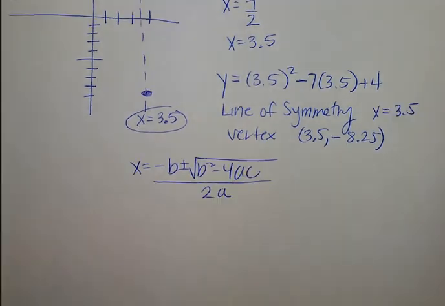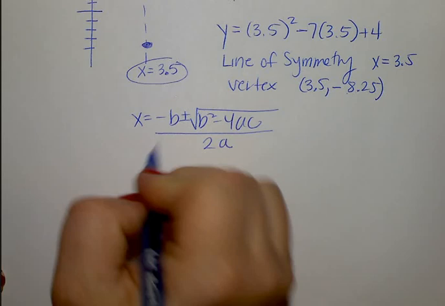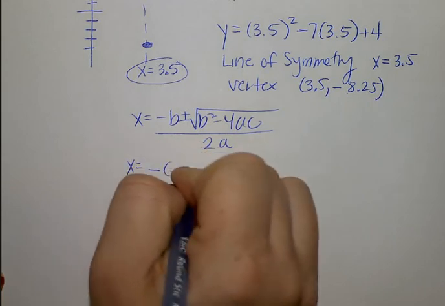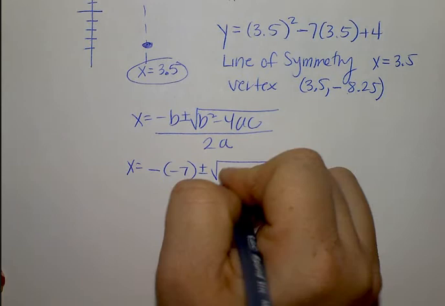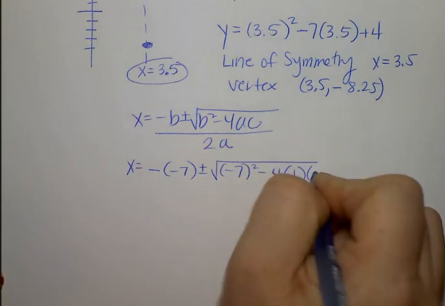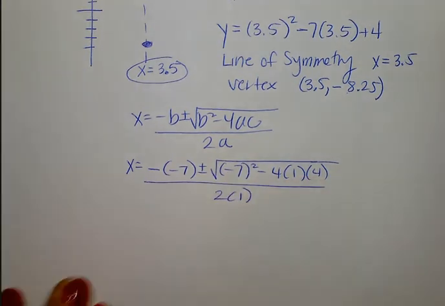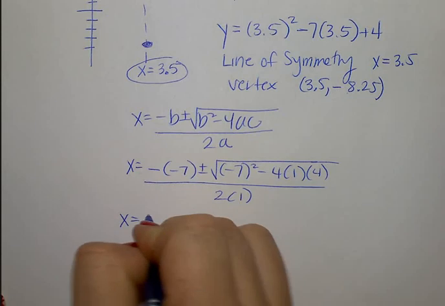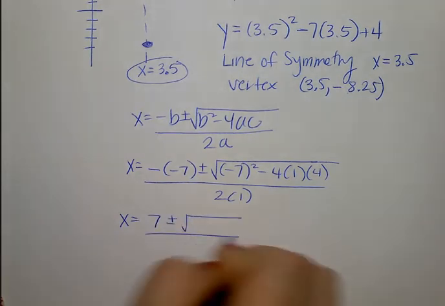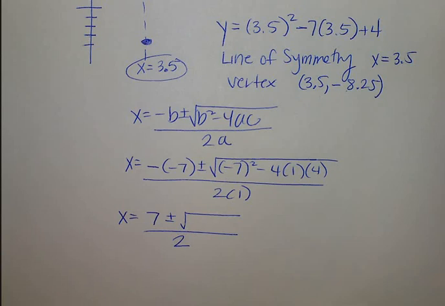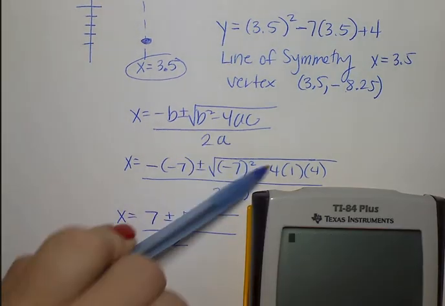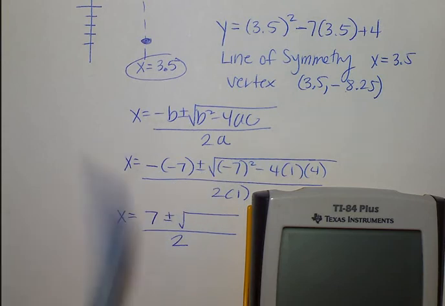So for A, B, and C, I'm going to substitute from the original equation the values for A, B, and C. I'm going to plug this into the calculator, the discriminant, to get an answer.